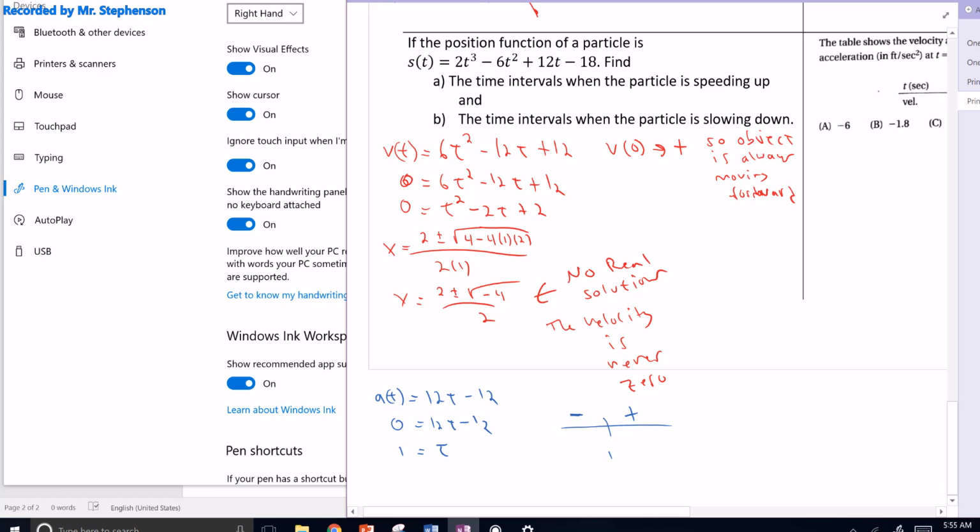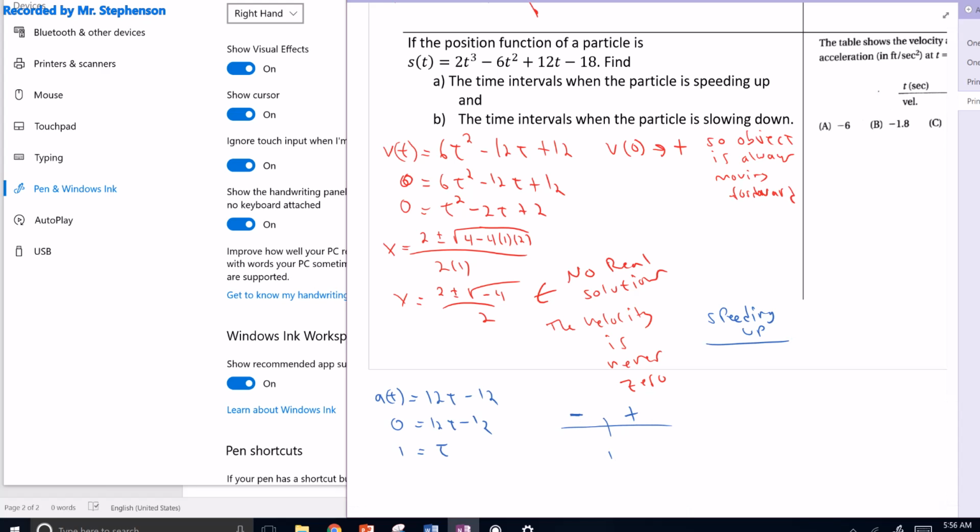So what that means is the velocity is always positive. Therefore, between anything left of 1, the signs are different, right?